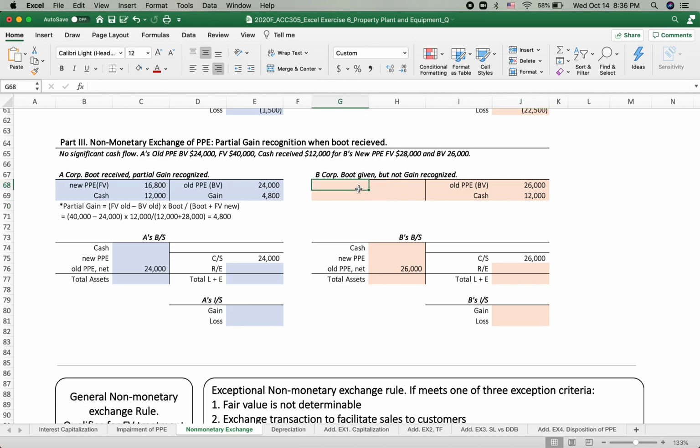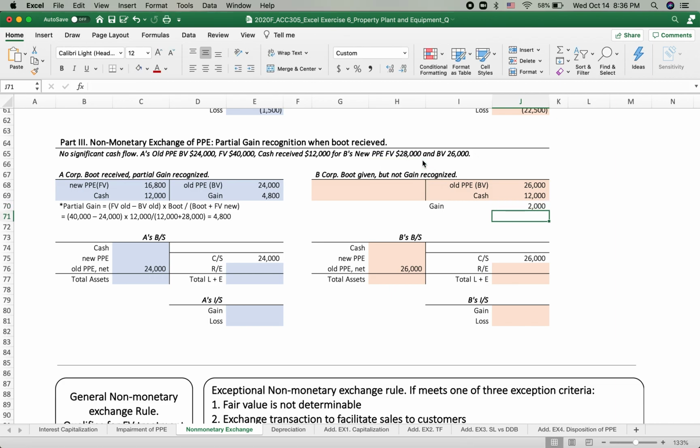And then here, we have to consider the gain, because of the difference between the fair value of the PP&E the company has and the book value. So the fair value is greater than the book value, 28,000 minus 26,000.